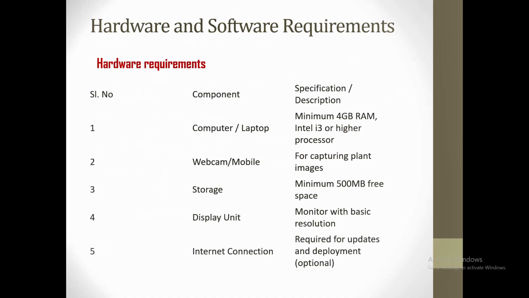But our application can be accessed on mobile also. That is possible. To store information, we need some space, minimum 500 MB. To work with the project, we need one display unit, and to install some libraries, we need an internet connection. So storage, instead of 500 MB we can go for GB.